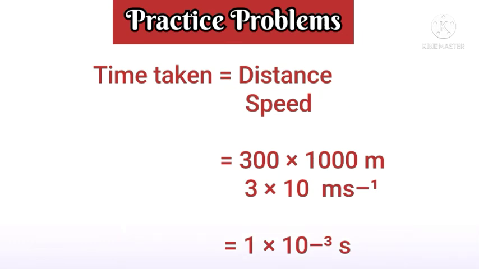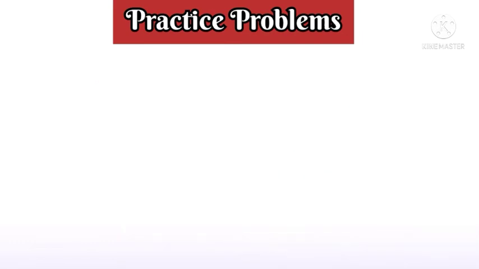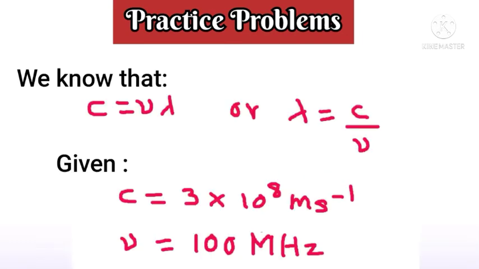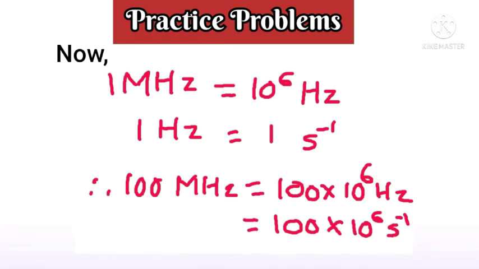Then to find the wavelength, we know that c is equal to nu lambda, or lambda is equal to c by nu. Now the values of c and nu are given, which is 3 × 10^8 meter per second, and nu is 100 megahertz. Now 1 megahertz is equal to 10^6 hertz, and 1 hertz is equal to per second.